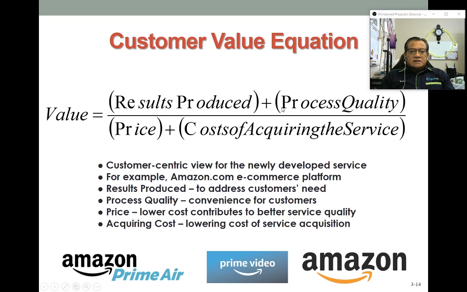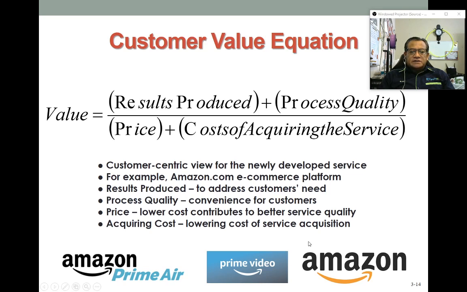This sum is divided by the price added to the cost of acquiring the service, and that derives the customer value. The first variable is the result produced. The customer value equation refers to the customer-centric view of the newly developed service.